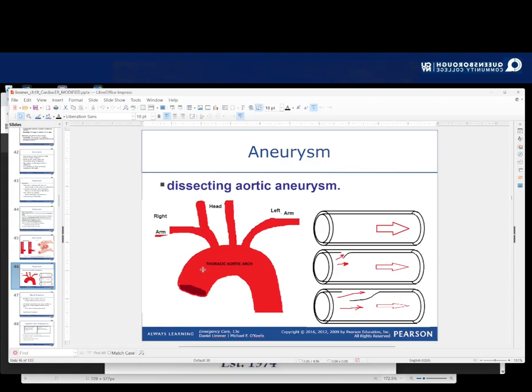And since the aorta comes right out of the left ventricle, the pressure here is actually going to be the highest, so it tends to happen here more often than other places. And that could be a dissecting aneurysm. And so the tearing, as it's ripping from source downstream, could be what the patient is feeling.